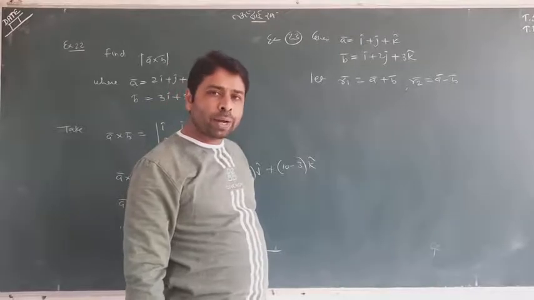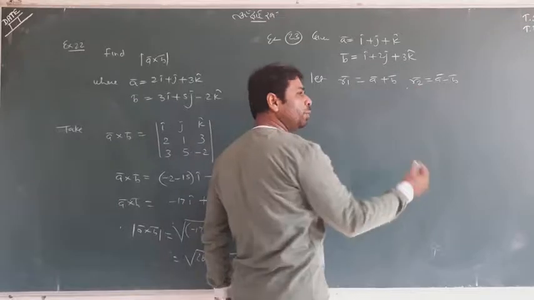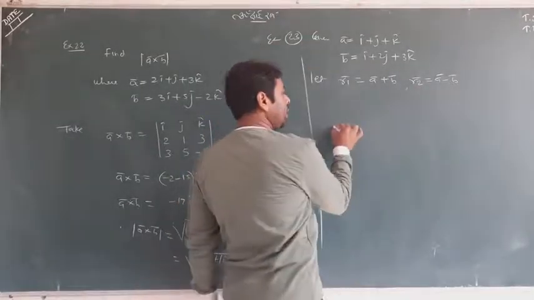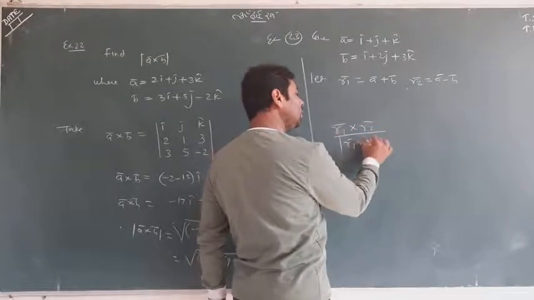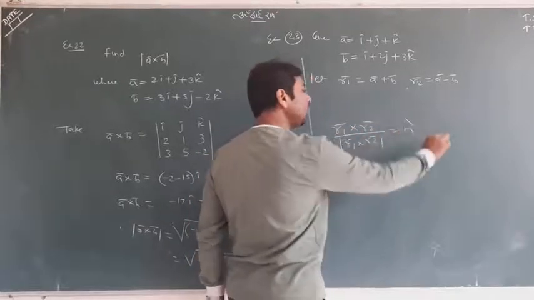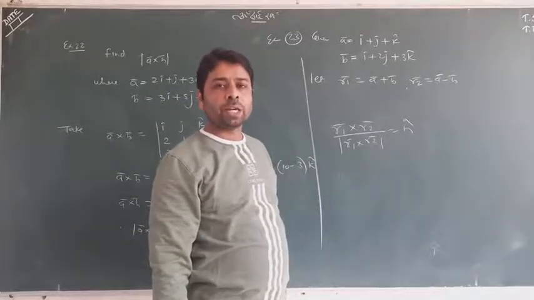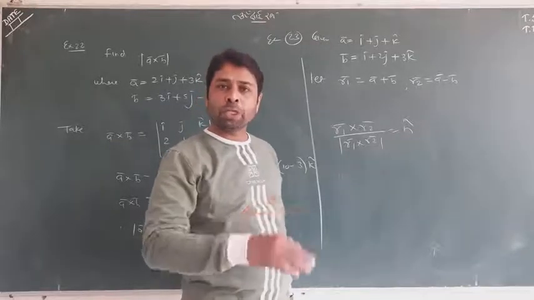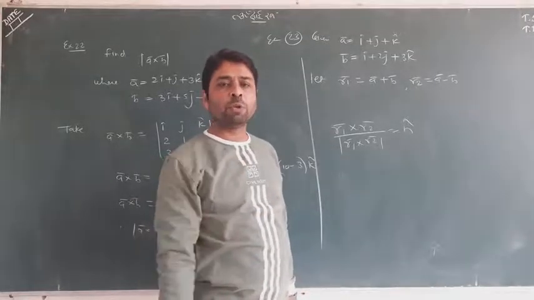So we want to find the unit vector perpendicular to R1 and R2, which simple meaning is what? You know it, R1 cross R2 upon mod R1 cross R2. This is none else but n cap, because we name A plus B equal to R1 and A minus B equal to R2.